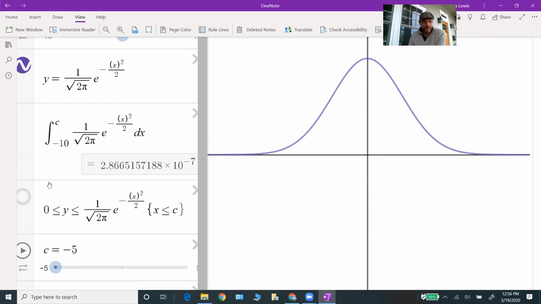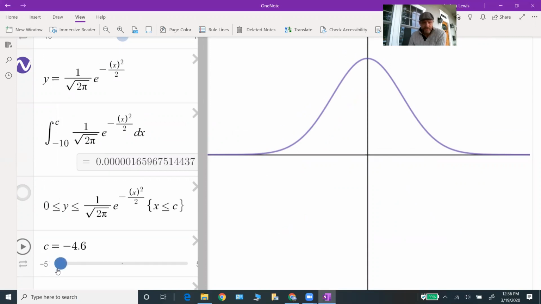So right now, I'm way out in the tail somewhere. And as I change this value of C, that C just corresponds to some value on the x-axis. We're going to move from left to right, and as I do, you should start to see some area. Here I am at negative 2.5.